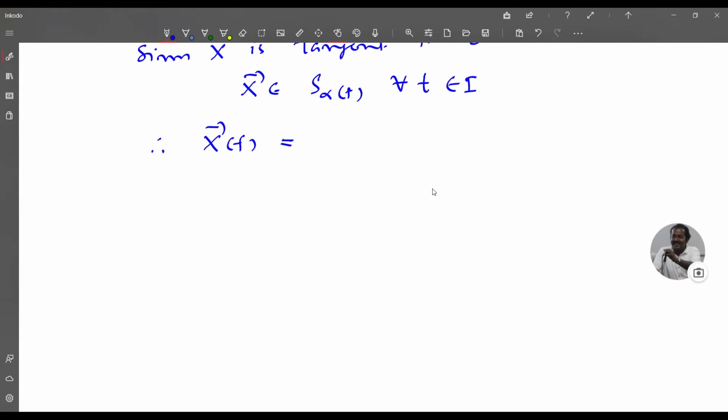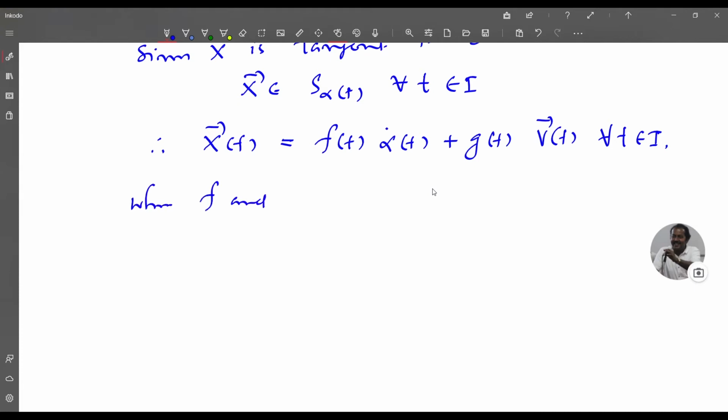So x of t is f of t into alpha dot of t plus g of t into v of t for all t in I, where f and g are smooth real valued functions, where f, g map from I to R.